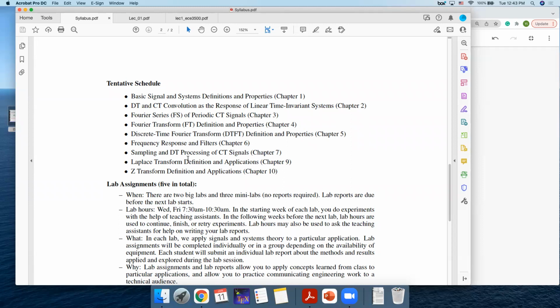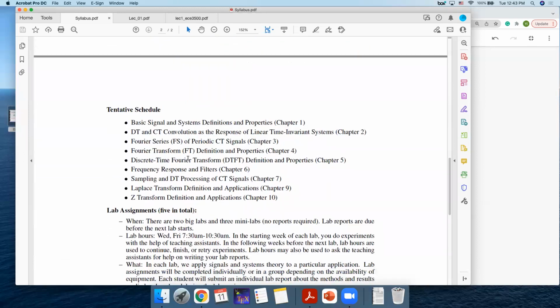And in the end, we combine them. So that's the basic structure. Let me check. I'm not sure what chapter 8 is about, but I think this covers all the materials that we need.